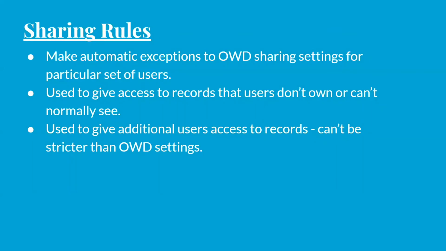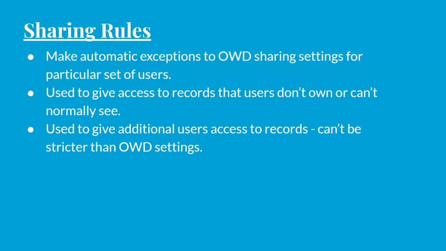Based on that, you can define the sharing rules for those particular users. It is used to give access to records that users don't own or can't normally see. Normally they cannot see them because they are not in the hierarchy, and they don't own them either. In that case, you define the sharing rules. It is used to give additional users access to records, and it can't be stricter than the OWD setting, because OWD is already the base level.